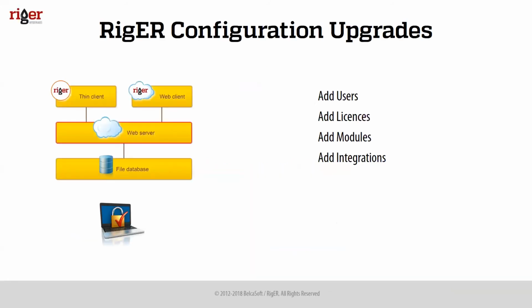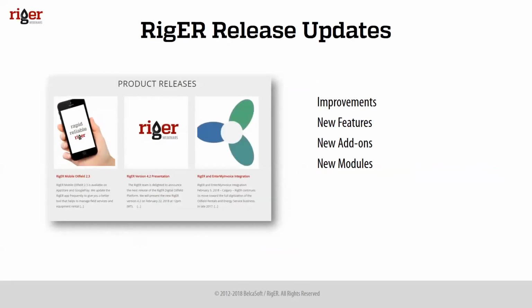At any time, the client can request an additional user, additional licenses, additional modules, or add an integration to the system. And it's a normal process. Sometimes accounting integration can be done 3 or 6 or 9 or 12 months after the operations are running in RigER. And it's a very common thing for our clients.